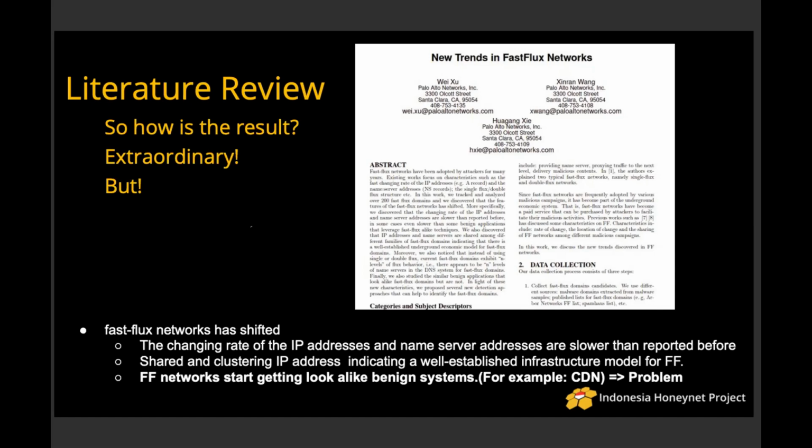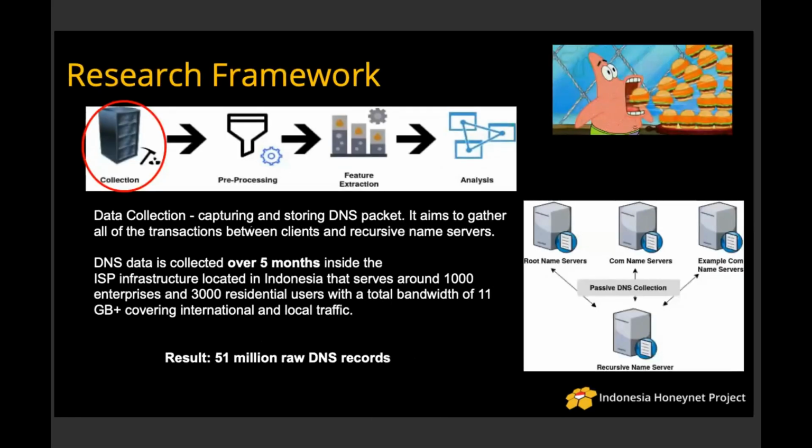This could give us a lot of problems because there are going to be a lot of false positives when we try to differentiate between benign domains and Fastlux domains. So we got our problem, and we will start doing our research.